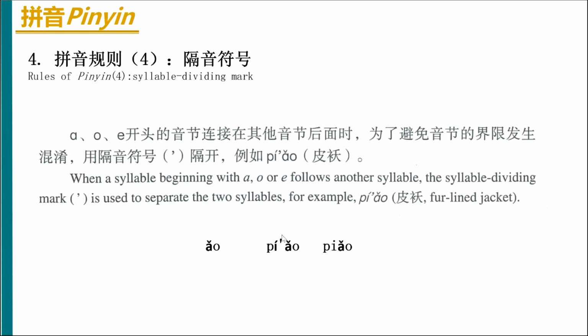But if we add this mark here, it tells us that I am not putting these two syllables together to become this 瓢, but what I want to express here is two characters, 皮袄, 皮袄. So that's how and why we use this syllable dividing mark. Just simply make ourselves and others know what we are going to express here.